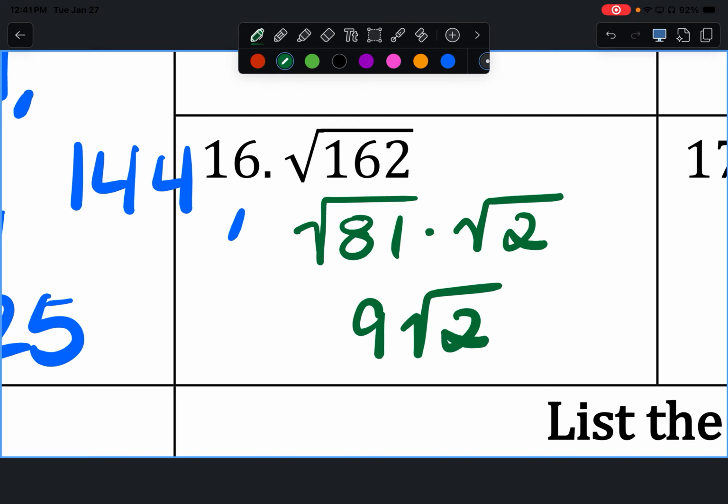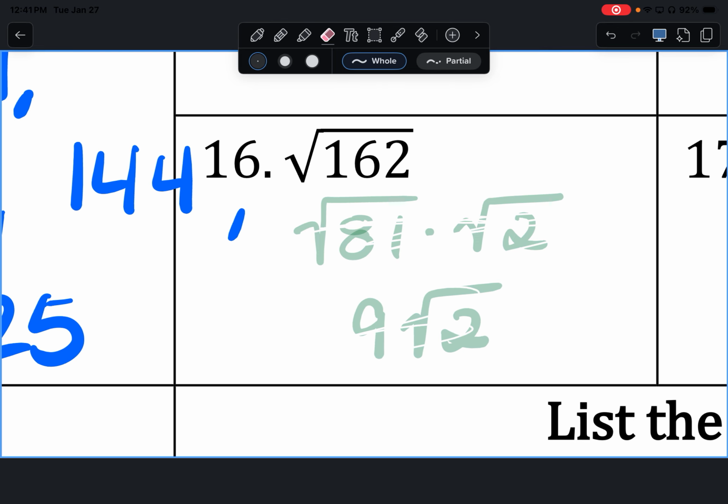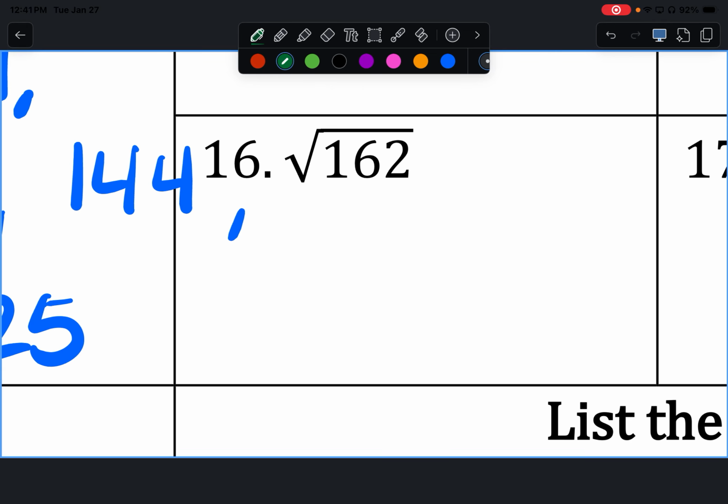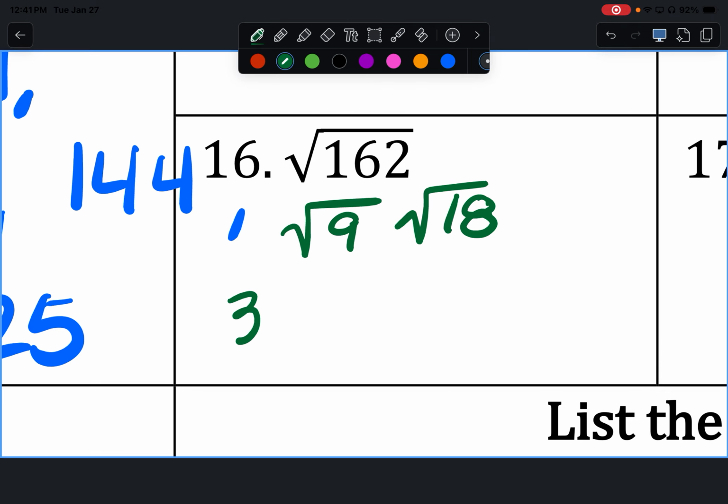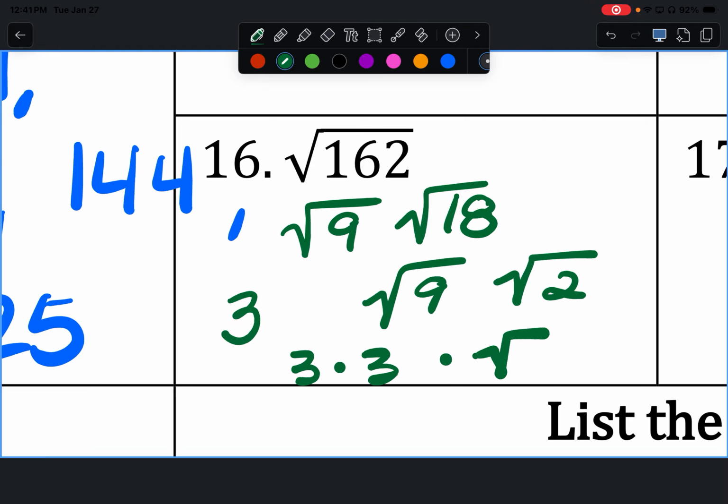Okay, so that brings a good point. So what were the numbers you got? The root of 9 and then the root of 18. Okay, we can take the square root of that, which is 3. But this 18 can break up to 9 and 2. So we could do 3 times 3 times the square root of 2.